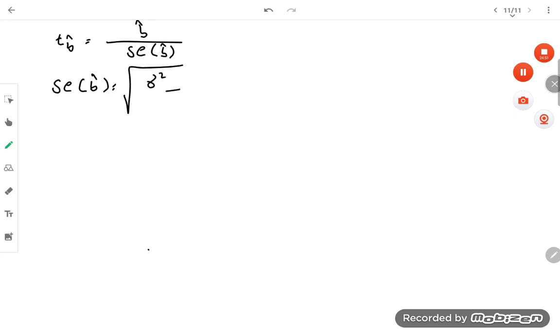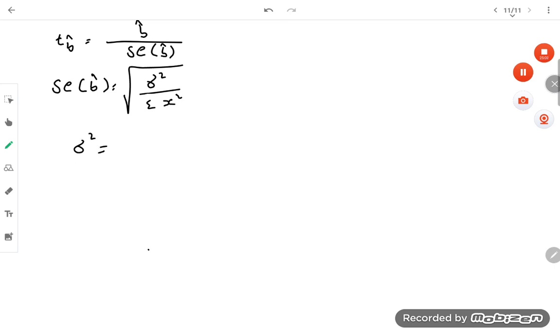So once again, we would like to find the value of t of b hat. It's calculated as b hat divided by standard error of b hat. Standard error of b hat is calculated as the square root of sigma squared divided by summation small x squared.